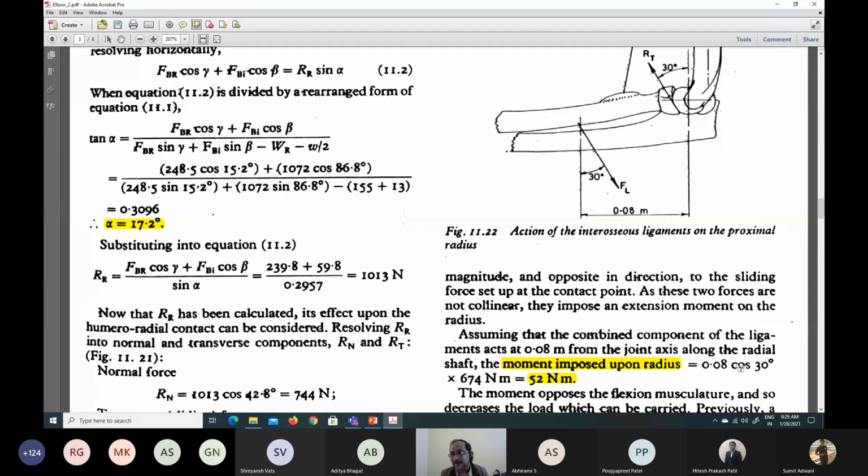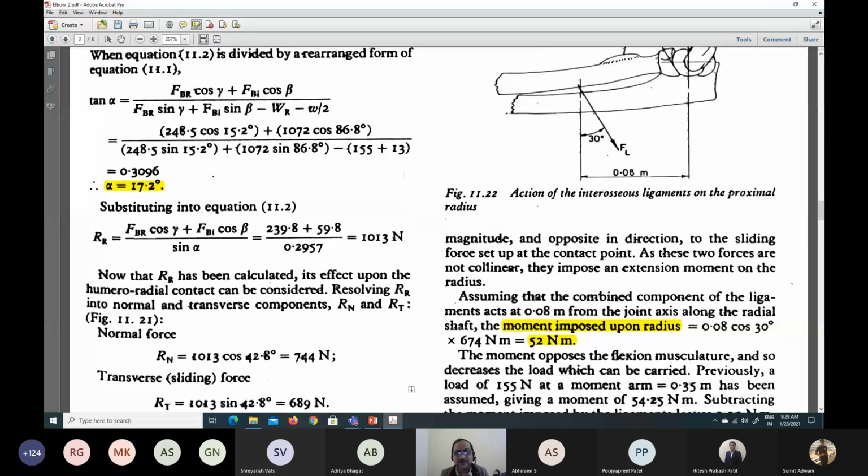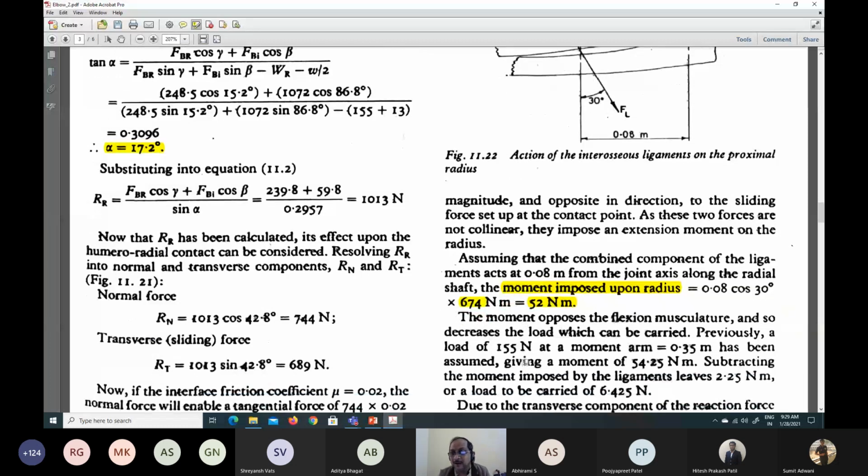When we resolve this angle, cos 30 degrees multiplied by the force, which is 674. 674 comes out because 689 minus the frictional force, that is 15 Newton. If we subtract 15 newtons from 689, it gives you 674, the remainder force, which is being resisted by the ligamentous system.